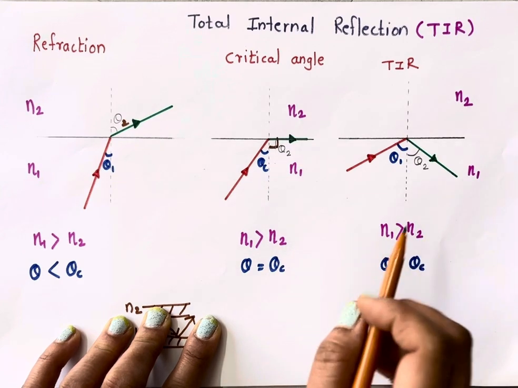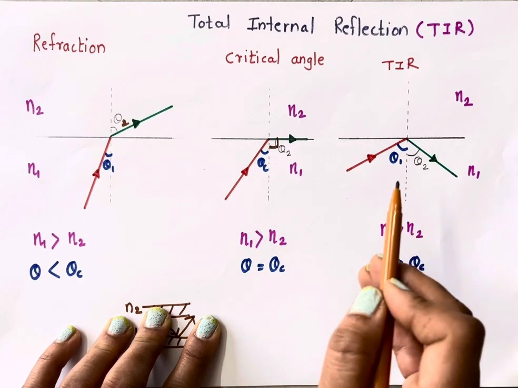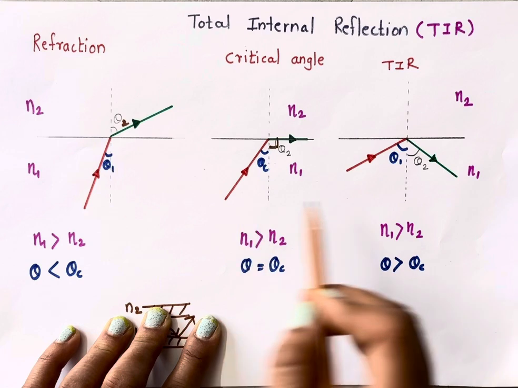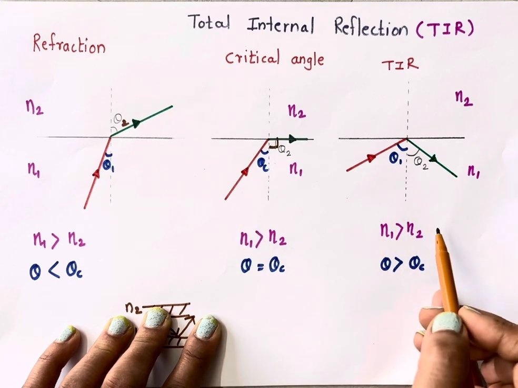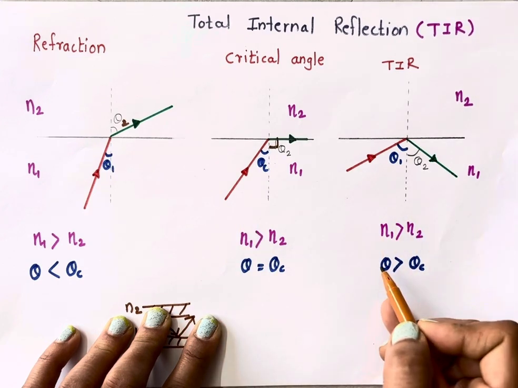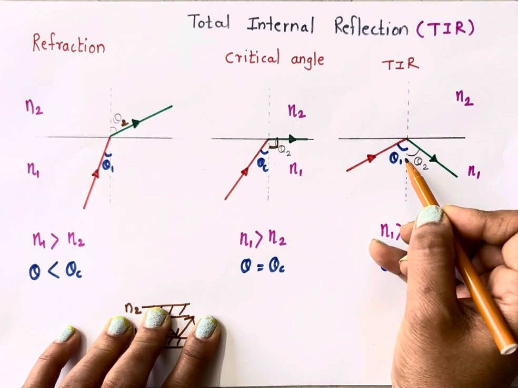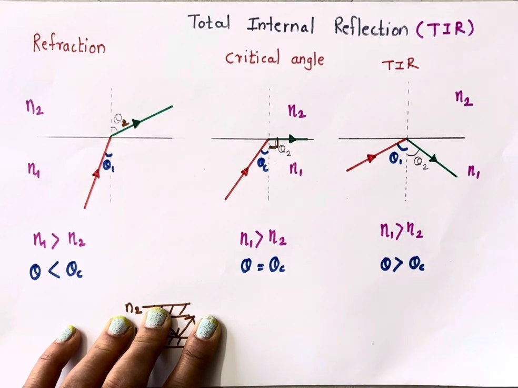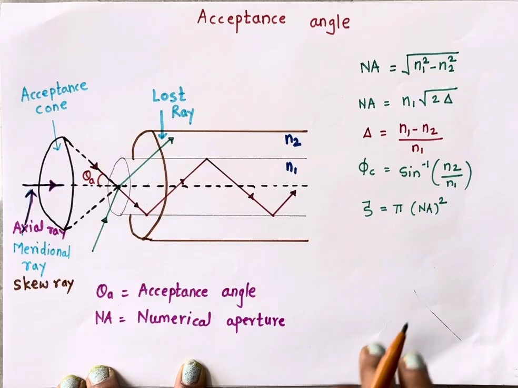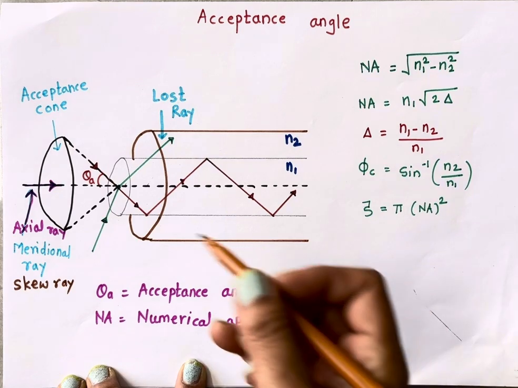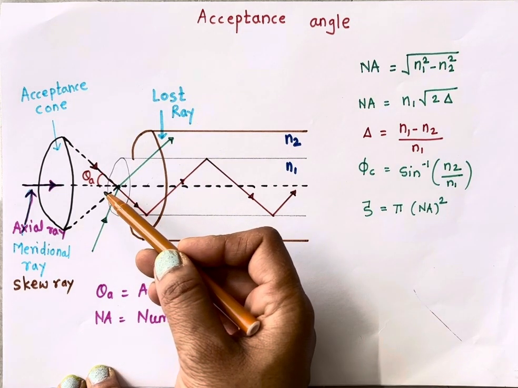So condition for total internal reflection or to travel information from one place to another place in fiber optic cable is our angle of incidence must be greater than that of critical angle.